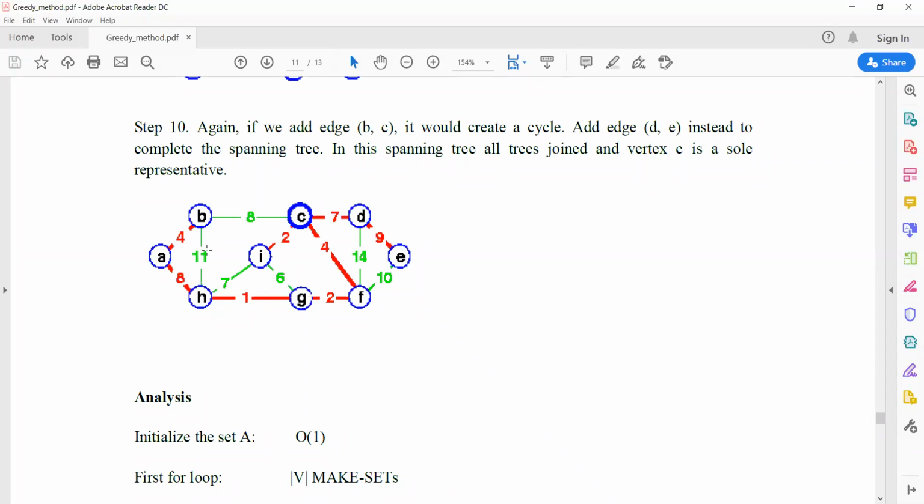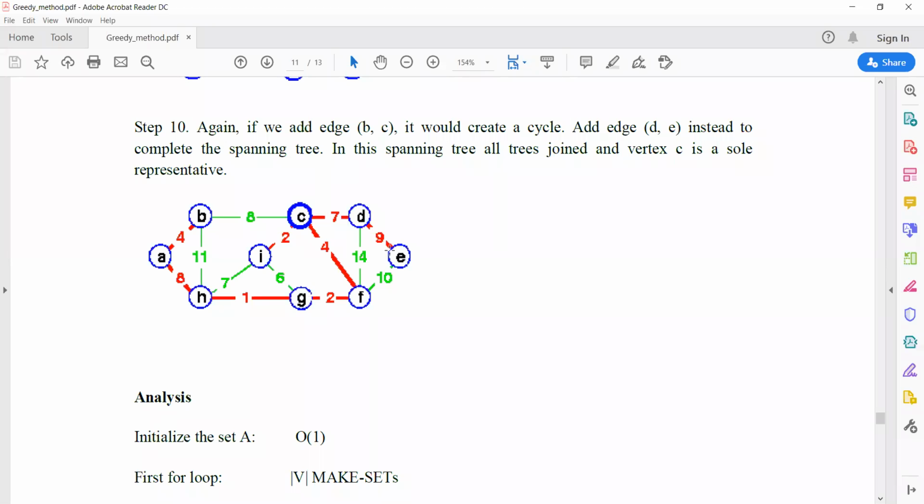Okay, now if you connect this 8, you will get a cycle, right? So that is not allowed. So remaining are the 9 and 10, and definitely 14 will not come into the picture, 11 will not come into the picture. Okay, so only remaining is the 9.